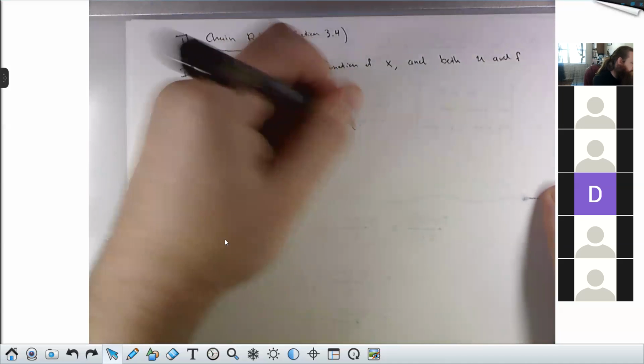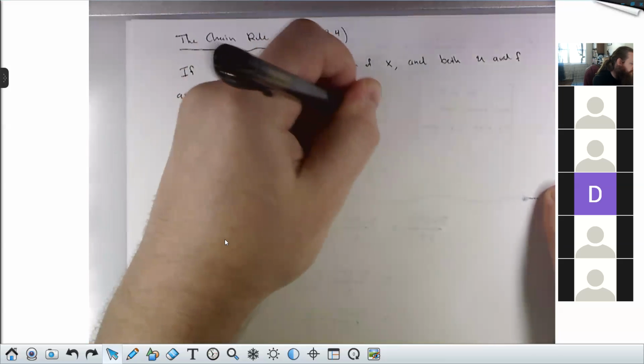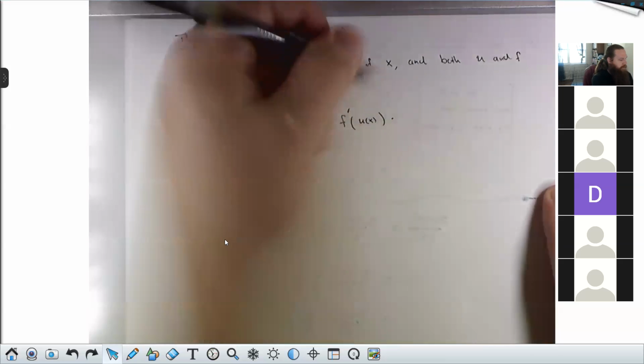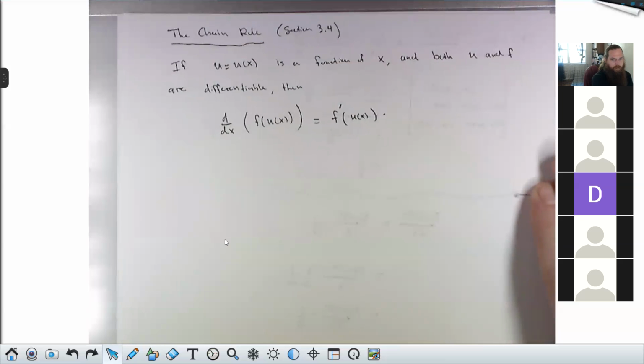So we write that as f prime of u of x, and then multiplying by the derivative of the inner function.